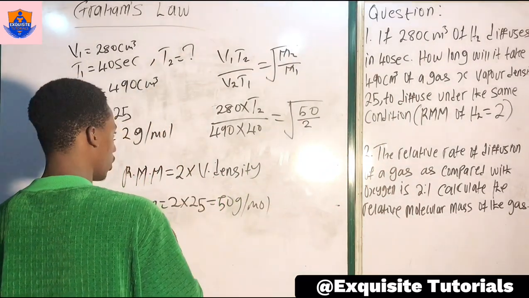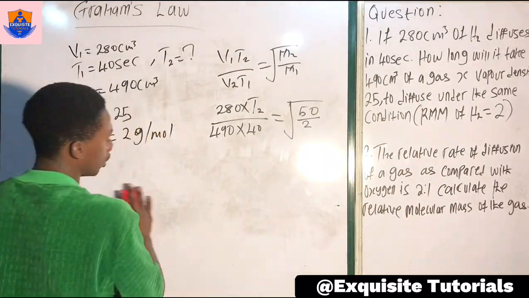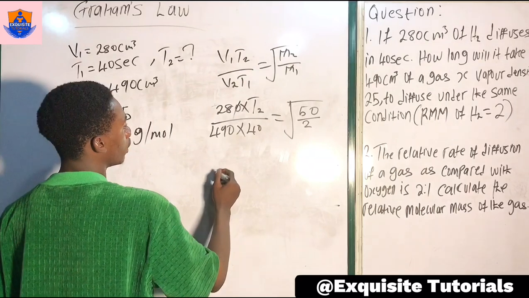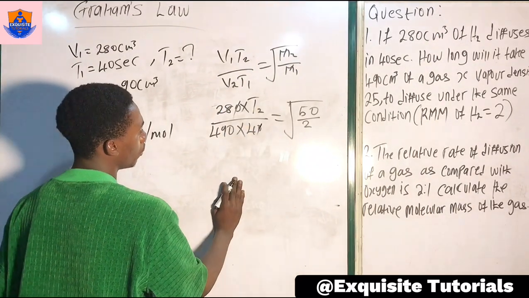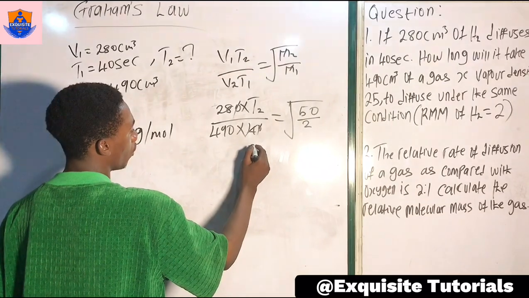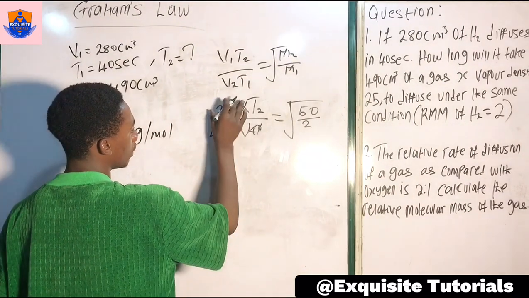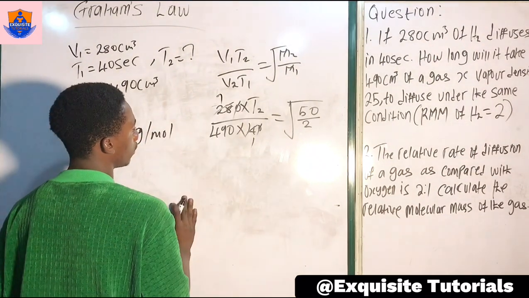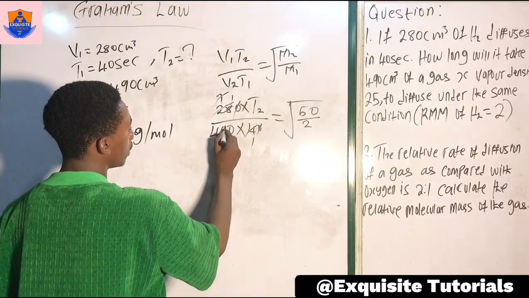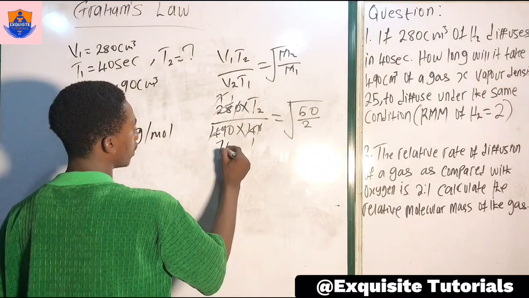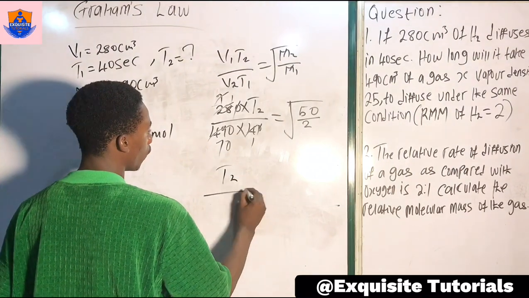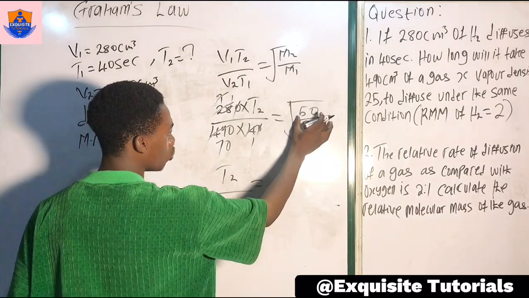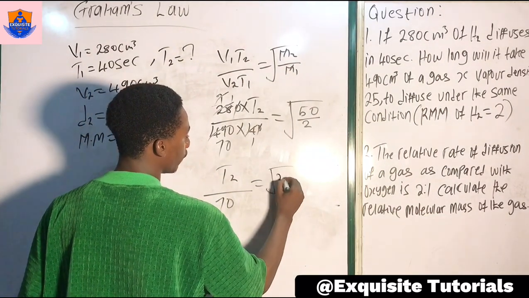So now with this, we are almost done solving this question. So what do we do from here? We can cancel that. So I'm left with T2 over 70 is equal to 50 divided by 2 is 25, so we are left with root 25.